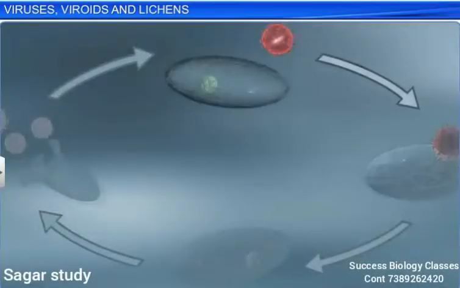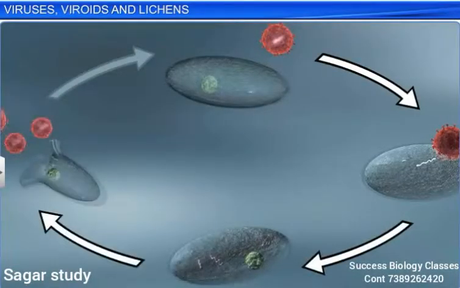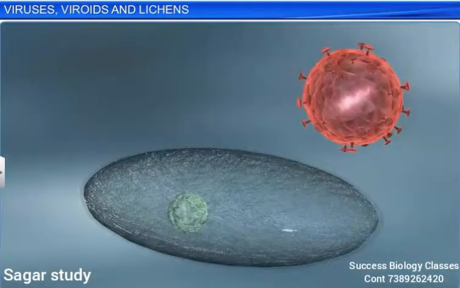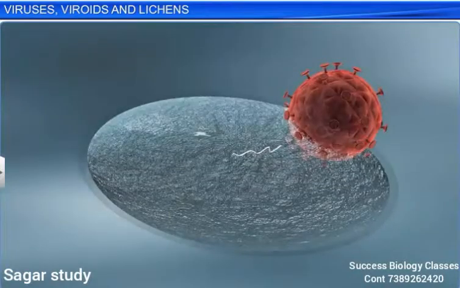The name is apt because when a virus infects a cell, it takes over the host cell's machinery to replicate itself. In this process, the host cell is killed. Though a virus remains inert outside its host cell, it cannot live independently without its host.